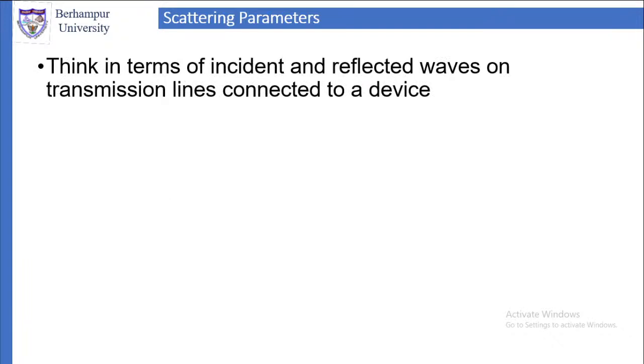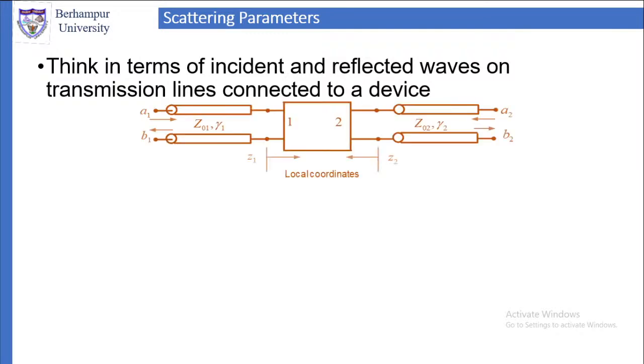Now, to understand scattering parameters, you have to think in terms of incident and reflected waves, or incident and reflected power, on the transmission line or the guide which is connected to a device. Look at this: this is a two-port device.